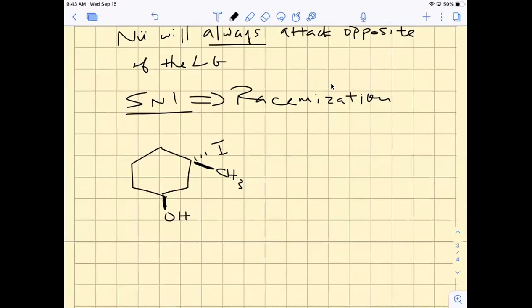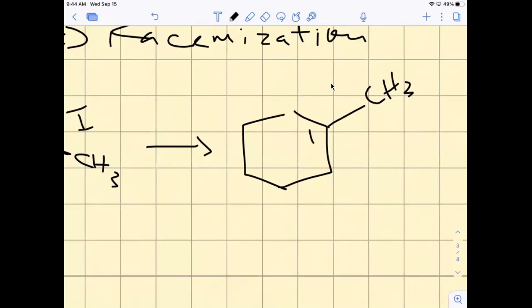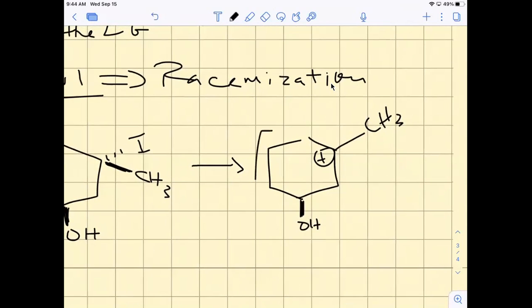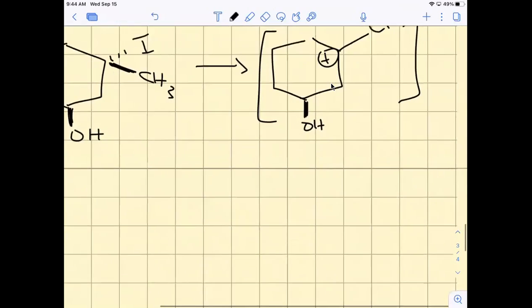So when this happens, it's stepwise, and so you're going to lose iodine first. So you're going to end up with a tertiary carbocation. This OH is still here, but now with this intermediate, your nucleophile, let me show you that.